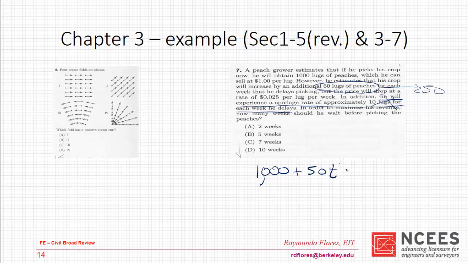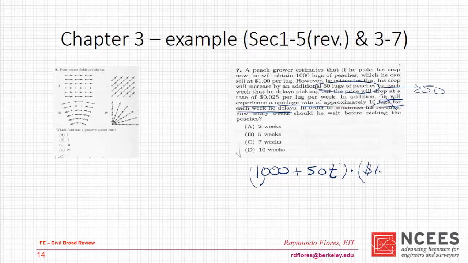Because of that, if you want to get your money's worth for the lugs you have, then we'll have to multiply it by how much money you're going to have per lug. Here it says he can sell at $1 per lug in the start, right?